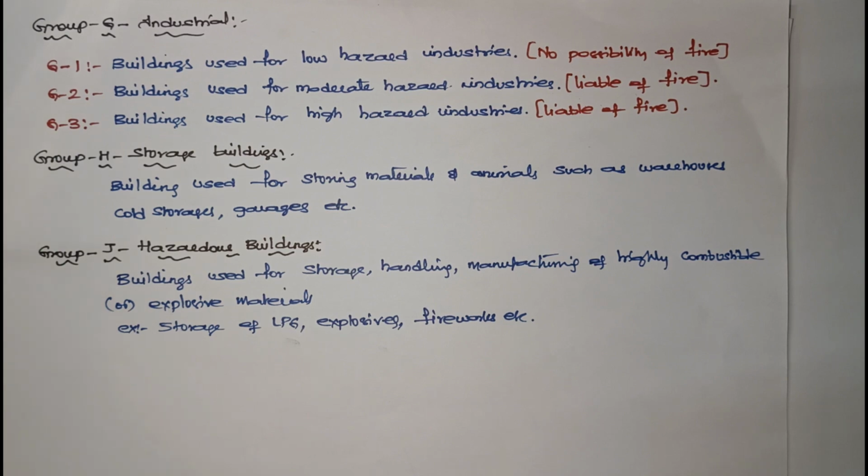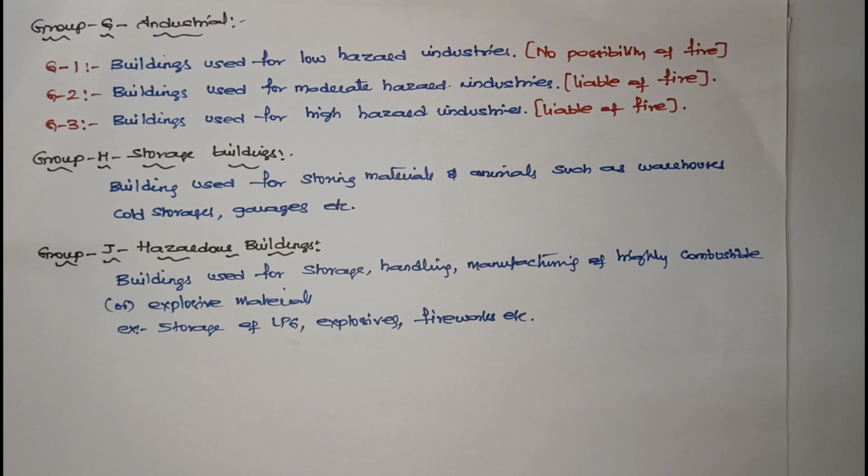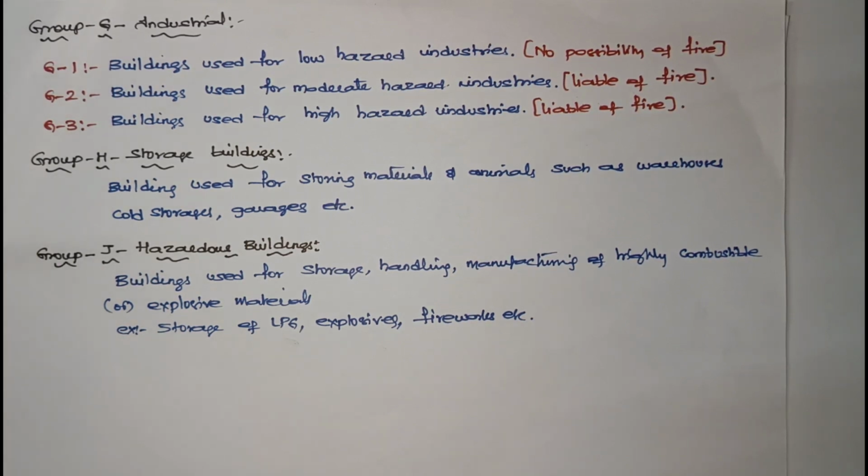As I said, group A is residential, group B is educational, C comes under institutional, D comes under assembly, E comes under business, F comes under mercantile, G comes under industrial, H comes under storage, and J comes under hazardous. You should be thorough with these groups and subgroups for your ECET.